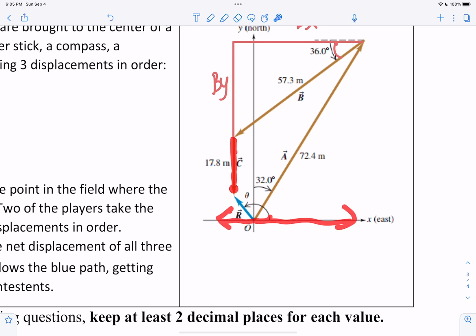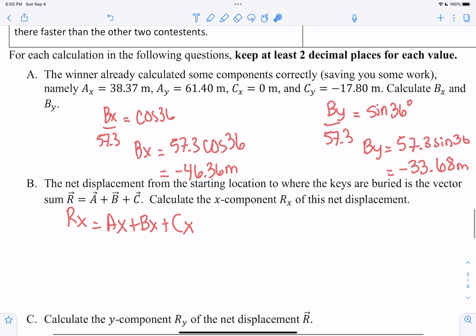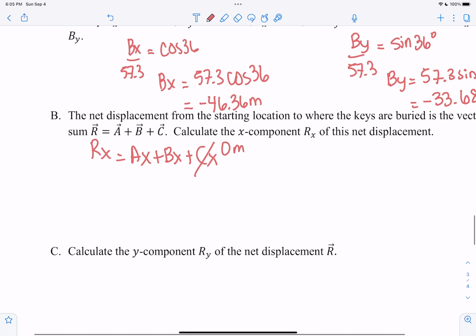And then since c is just moving south, right? There's no x component to it. By looking at the graph, we can know that cx will be 0, right? Because you're only moving south, you're not moving west or east. So this in reality will just be 0 meters. So it should just be ax plus bx, right?